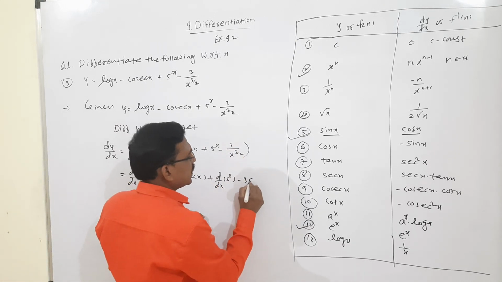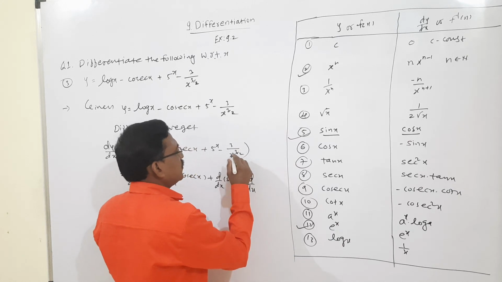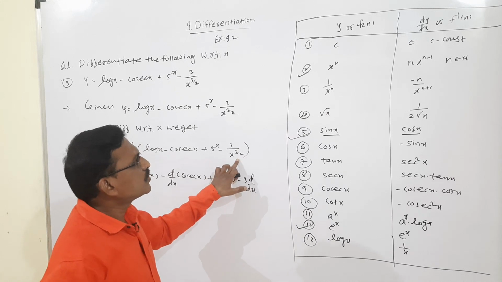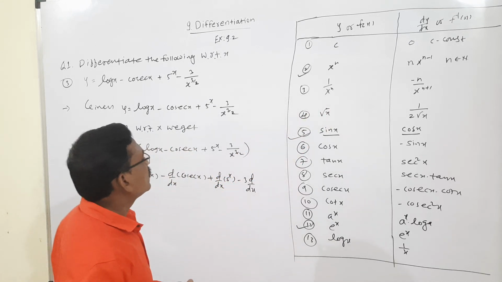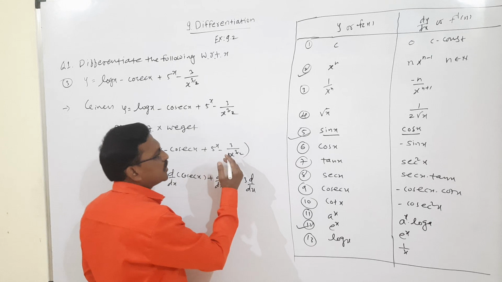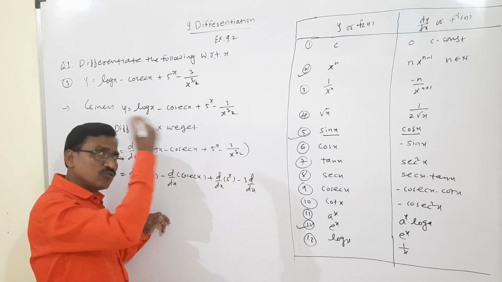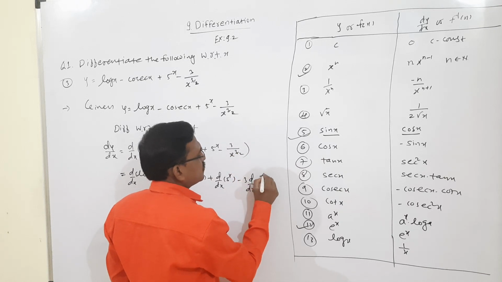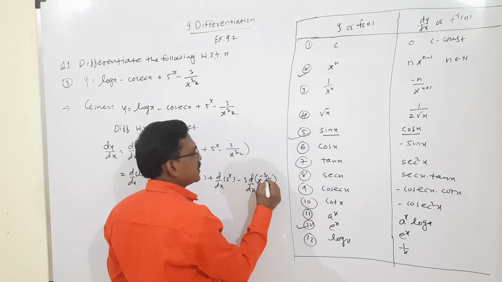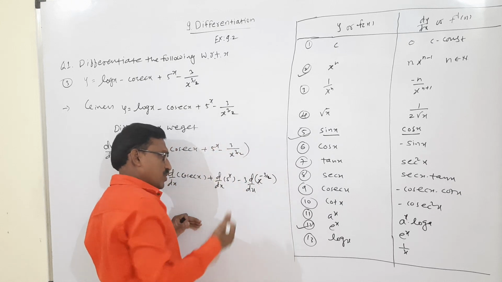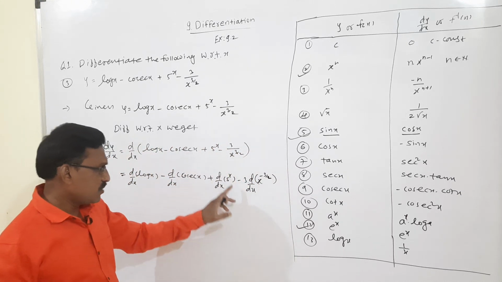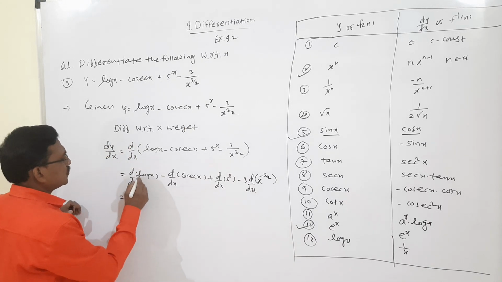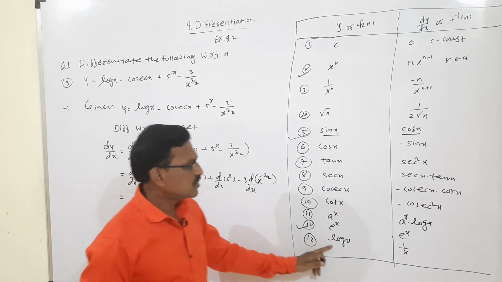So 3 into derivative of 1 by x raised to 3 by 2. By using this formula, you can also take x raised to 3 by 2 in the numerator by taking its reciprocal. So it is the derivative of x raised to minus 3 by 2. We take this term in the numerator and the constant 3 before the derivative. So derivative of log x is nothing but 1 by x.